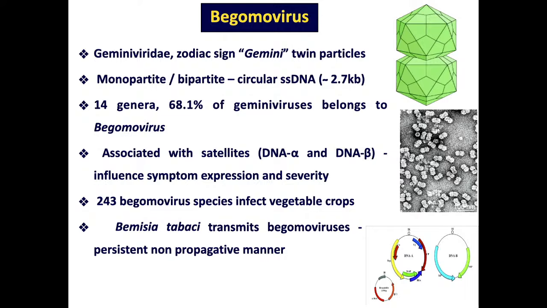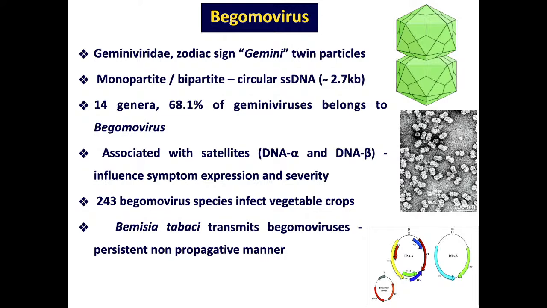But there are about 14 genera under this family, and the begomoviruses alone account for around 70% of the viruses in the Geminiviridae. They are associated with satellites also. I think Dr. Urbino is going to talk about satellite molecules tomorrow, both alpha as well as beta.